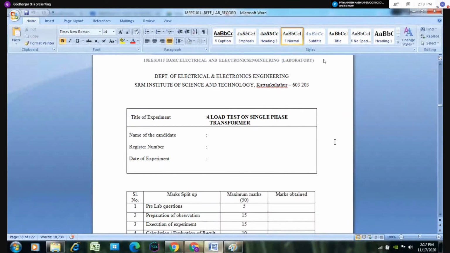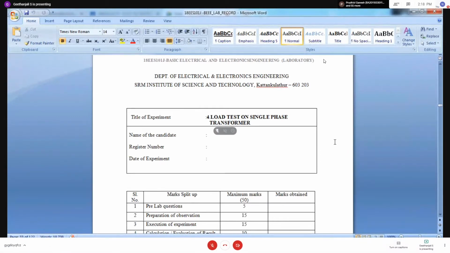It is used to transfer electrical energy from one circuit to another without change in frequency, with the desired change in voltage, magnitude and current. Here we are transferring electrical energy from the primary winding to the secondary winding. Where we can use that electrical energy is the secondary side, so always the load will be connected at the secondary of the transformer.